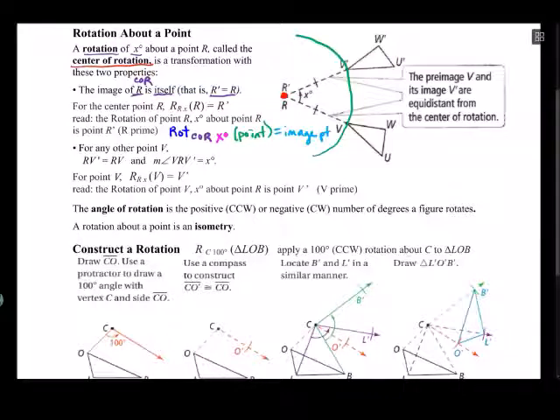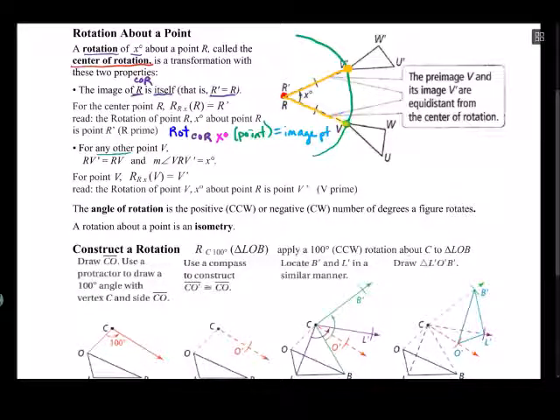Now for any other point, such as point V on our triangle here, we could choose V, U, or W. This is true for all of them. For our point V, the length of RV prime, so that's this length right here, from the center point to our image point, is equal to length RV.